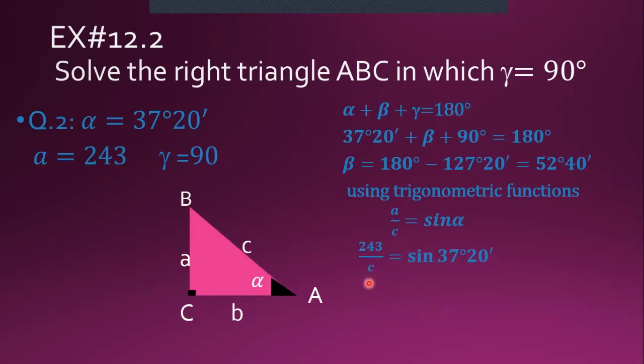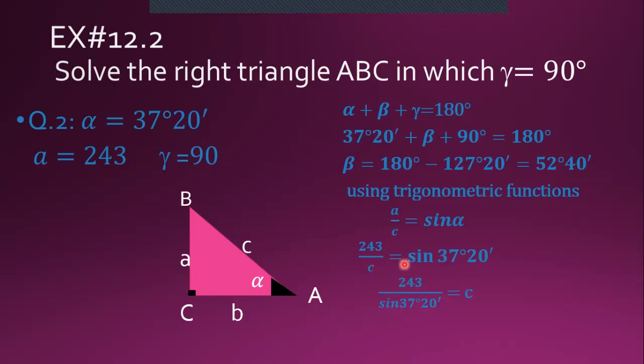After putting the values, c is being divided on this side, so it would go to the other side in the numerator, and sine 37 degrees 20 minutes, which is in the denominator, would be shifted to the denominator on this side, and the statement becomes so.